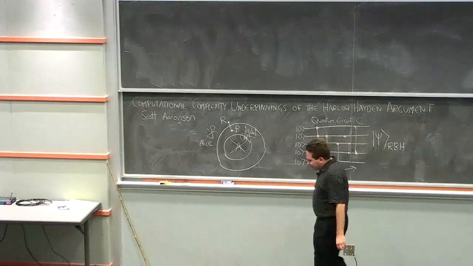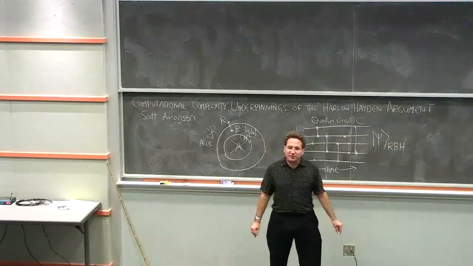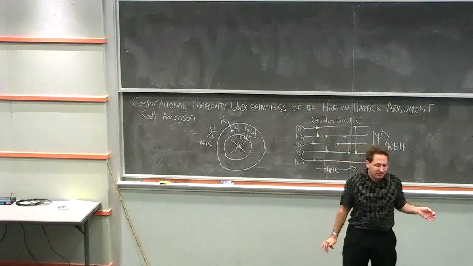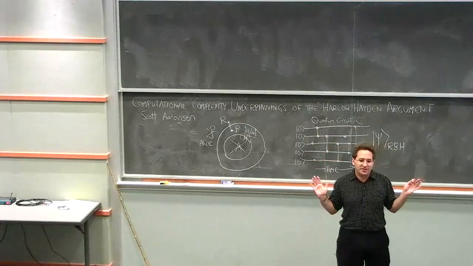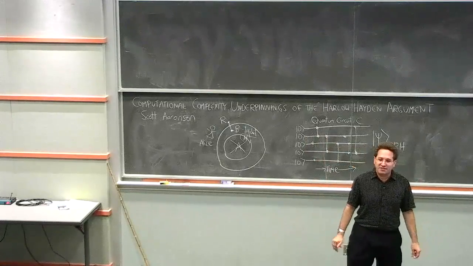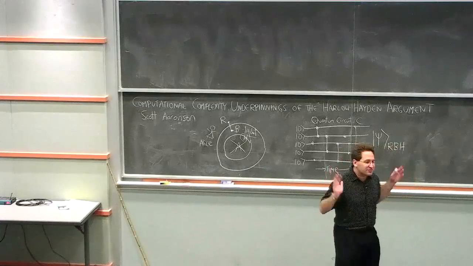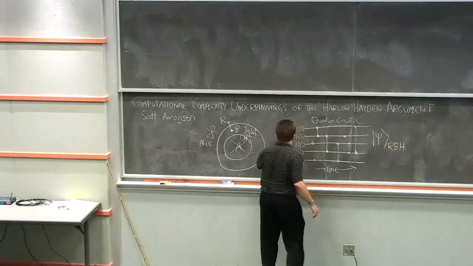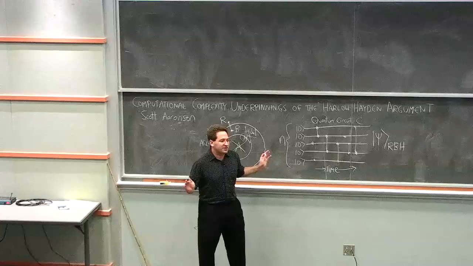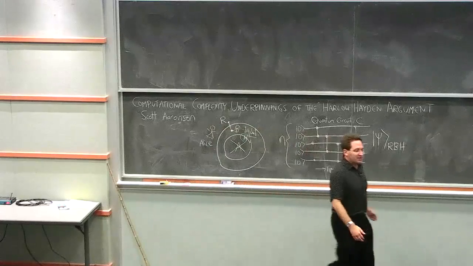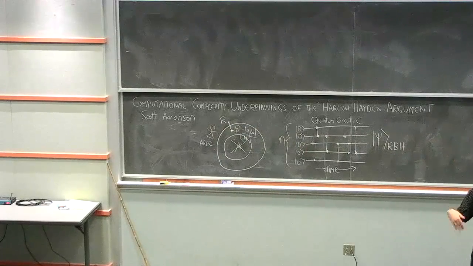Now I'm further going to assume that the entire black hole, the entire setup, can be modeled as a finite collection of qubits. Let's say there are n qubits in total, and n will be the parameter that sets the scale for our complexity analysis.